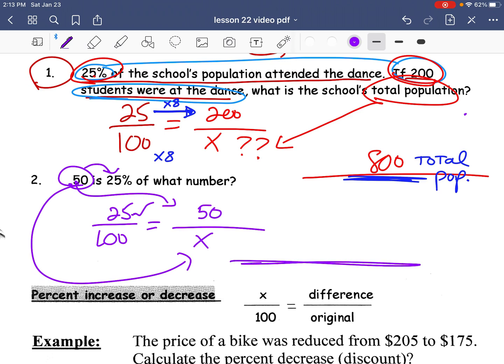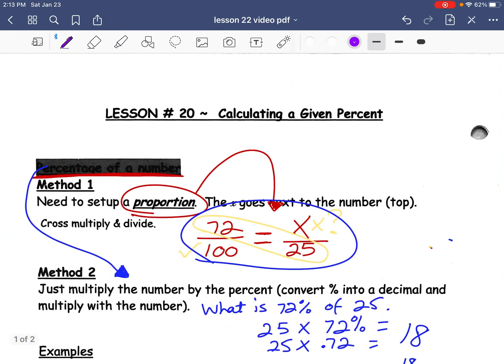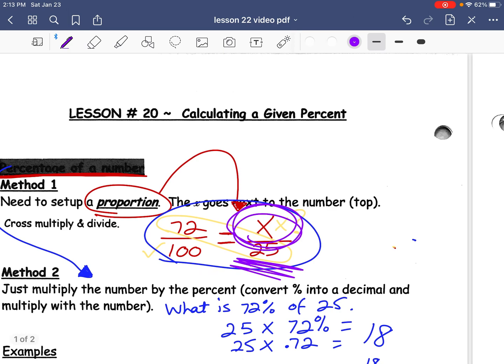They want to know the final answer. This is a super easy one, times 2, cross multiply and divide. So here your answer is 200. Notice that on the previous page, when you did your x's, your x was on top, not on the bottom. So a little bit different there, okay?